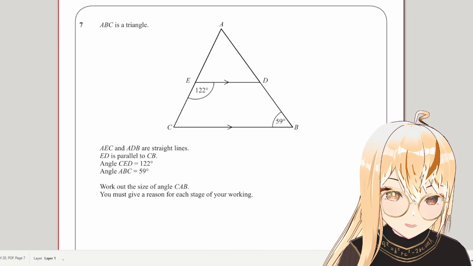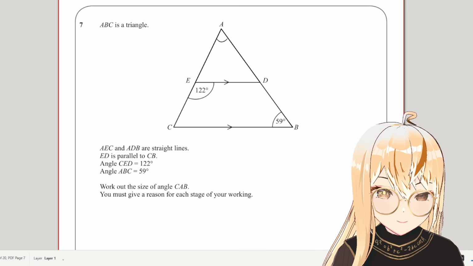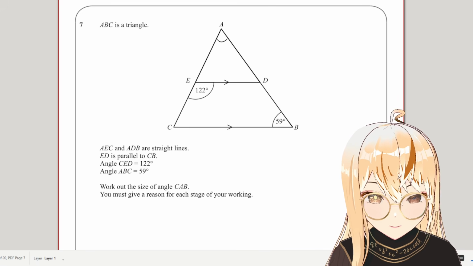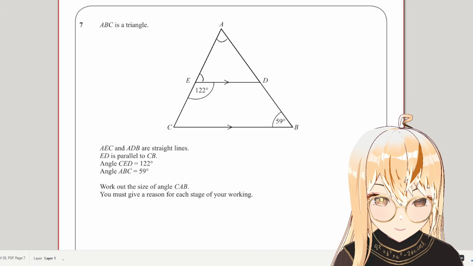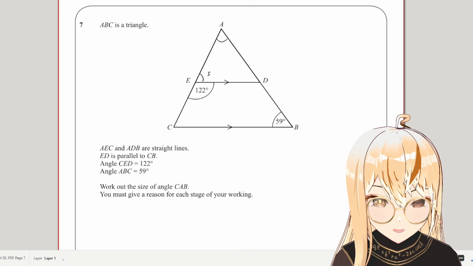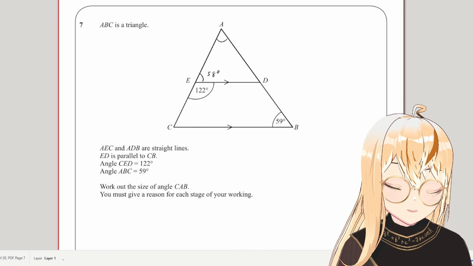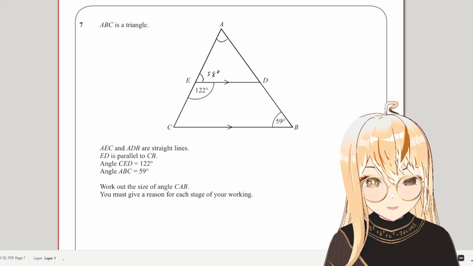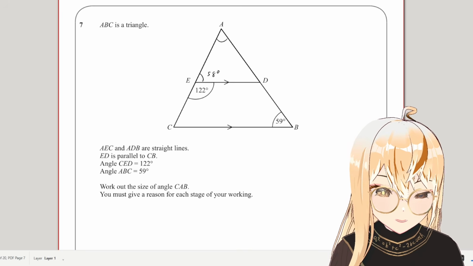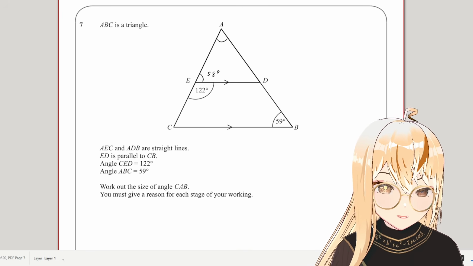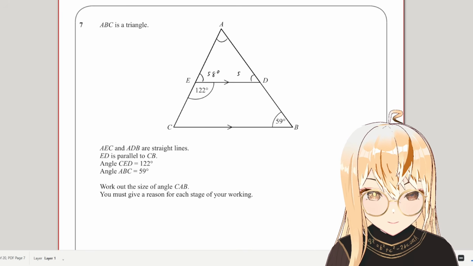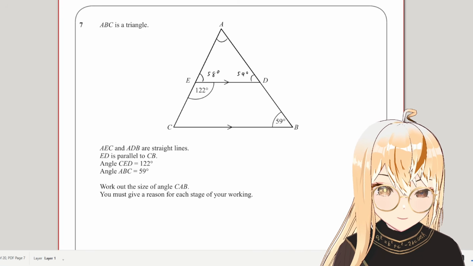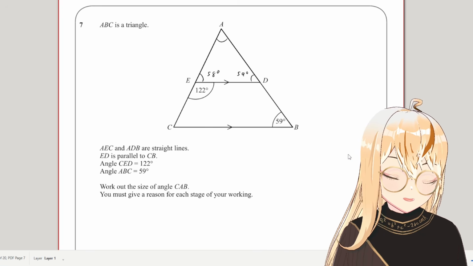So we're looking for CAB, which is at the top here. This angle AED is equal to 180 minus 122, which is 58. And that is because angles on a straight line add up to 180 degrees. And then we can figure out ADE, which is also equal to 59, which is at the bottom right there, because corresponding angles are equal.